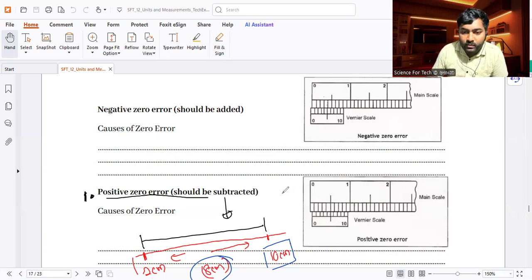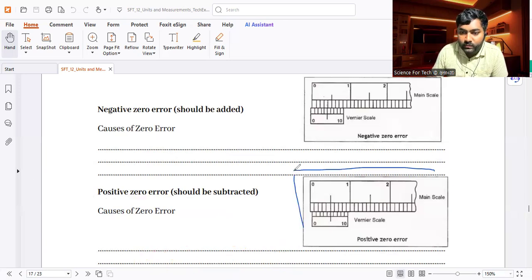Can you draw this one quickly? Okay, sir. Quickly.